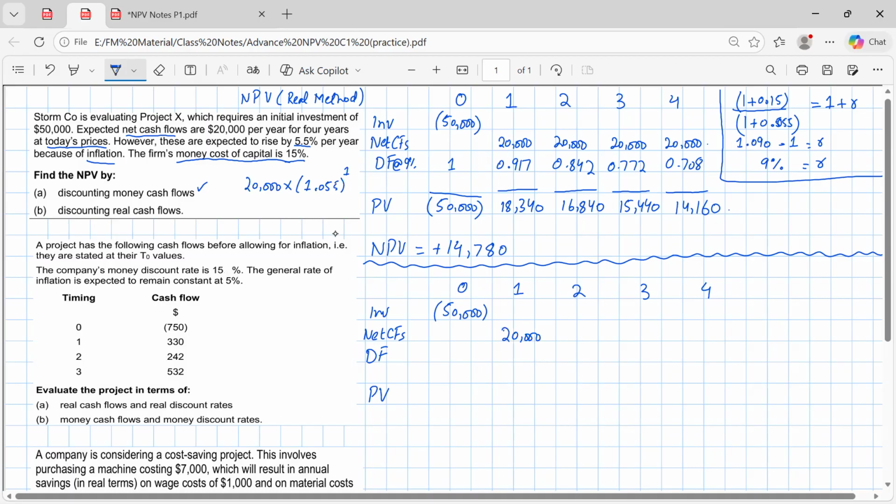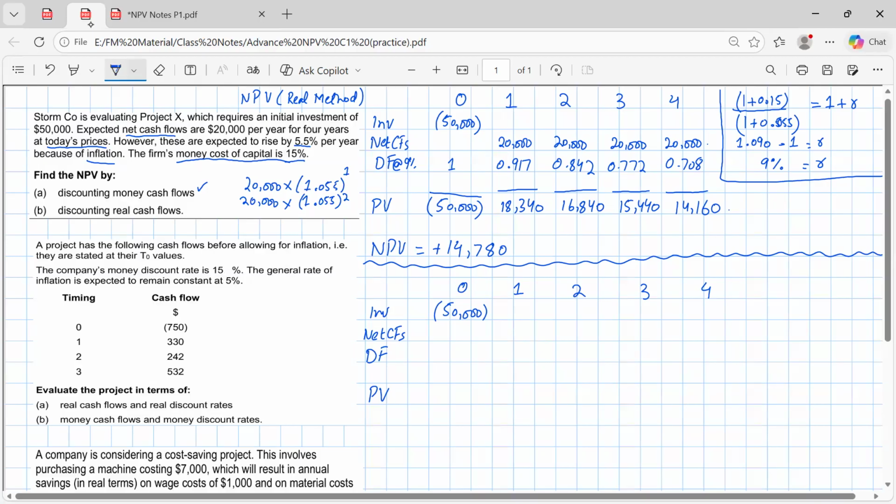You inflate it even for the first year, because these are as per today's price. Similarly, for the third year, 20,000 times 1.055 power 3.